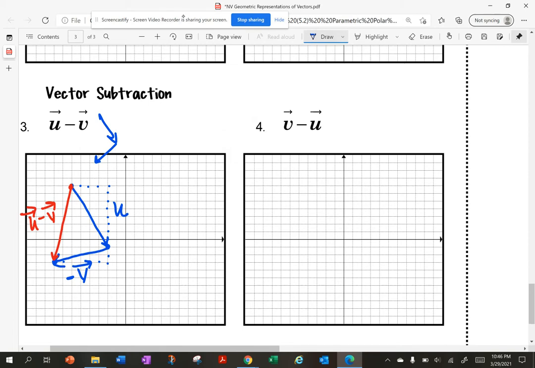So v, I'm going to go this way, and then u will be going this way. So I'm going to start down here. So vector v is going to be 6 to the right and 2 up. So 1, 2, 3, 4, 5, 6, 1, 2. So here's vector v.